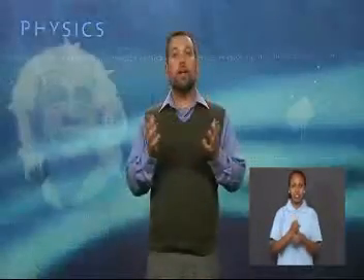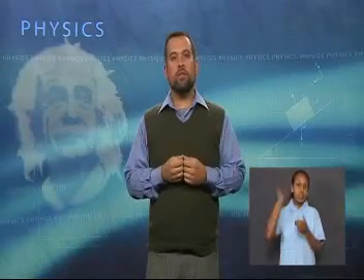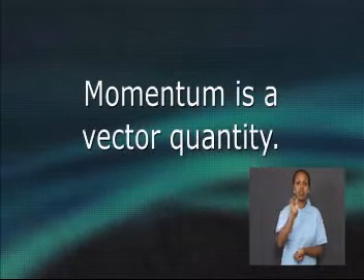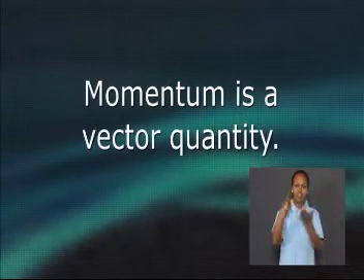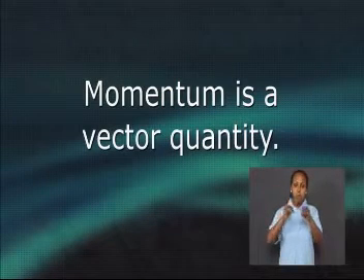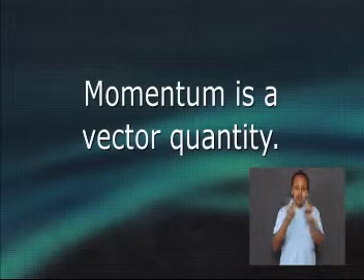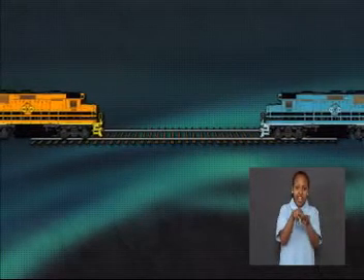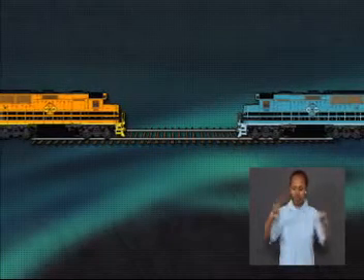Were you able to find the answer, students? If so, excellent work. As we previously mentioned, momentum is a vector quantity. This means the direction of motion of the object is also very important. These two trains are headed for a collision.